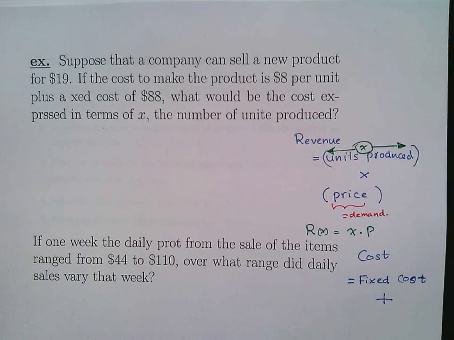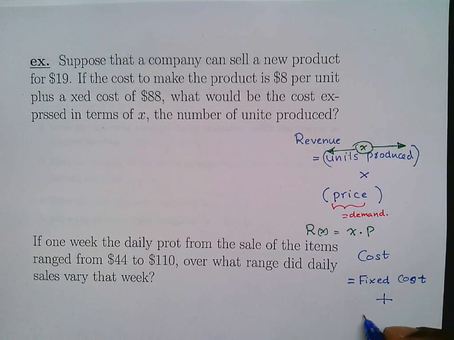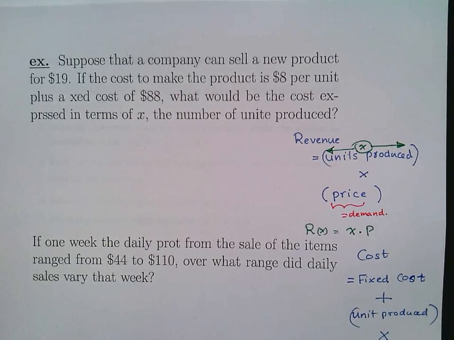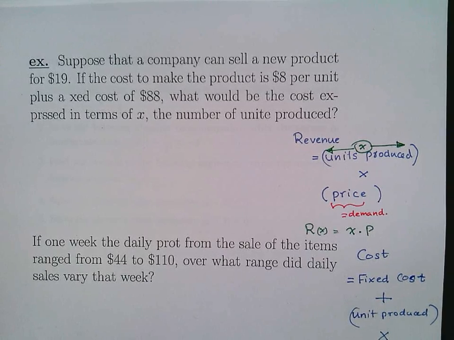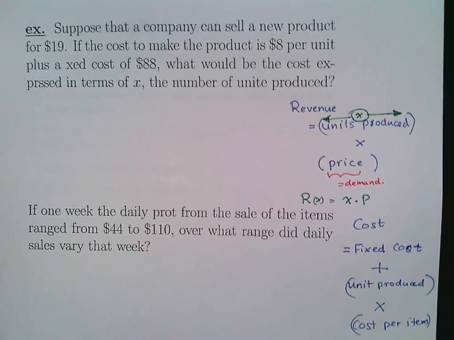That's what we call it. So the cost function is equal to the fixed cost plus units produced times cost per item. Okay, so that we discussed in class, and this is a really quick summary.